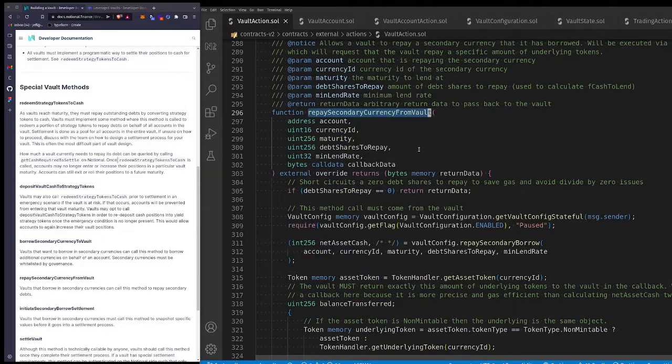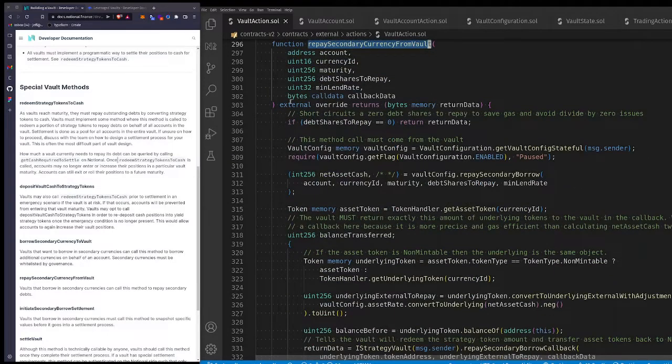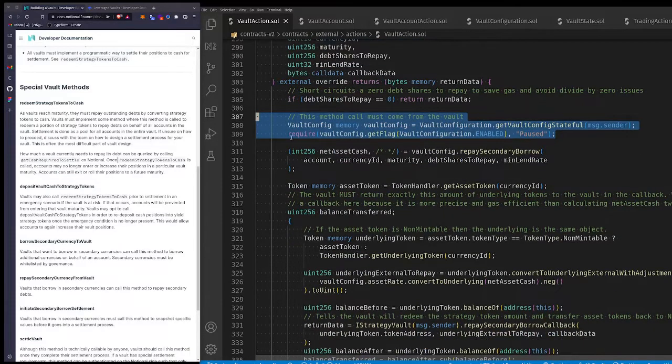Similarly, the inverse of that is repaying secondary currencies. When this occurs, the vault is also going to make this call. We authenticate that it is the vault calling. There will be some amount of debt shares to repay. So we'll calculate how much cash it costs to repay the secondary borrow.